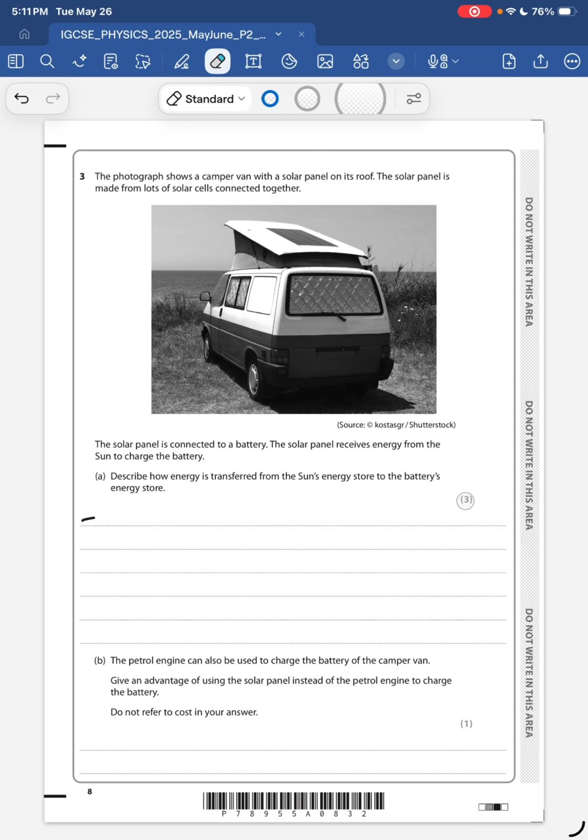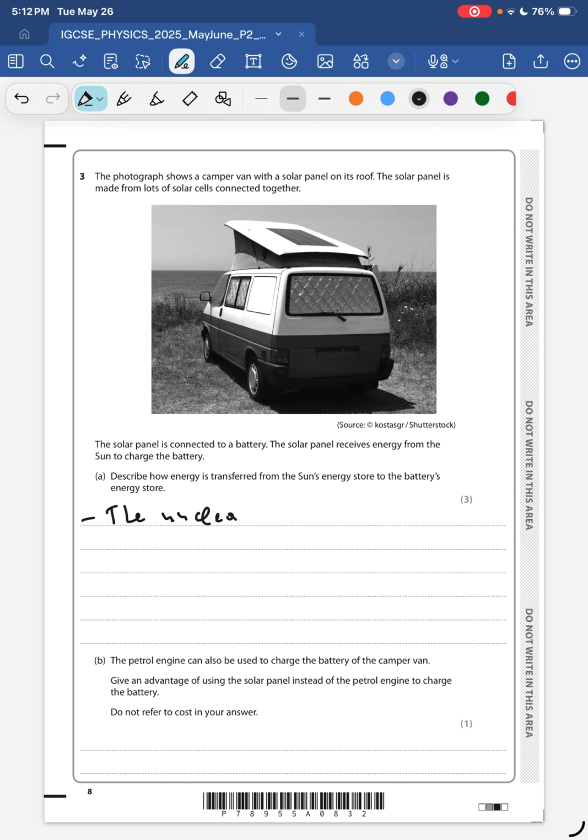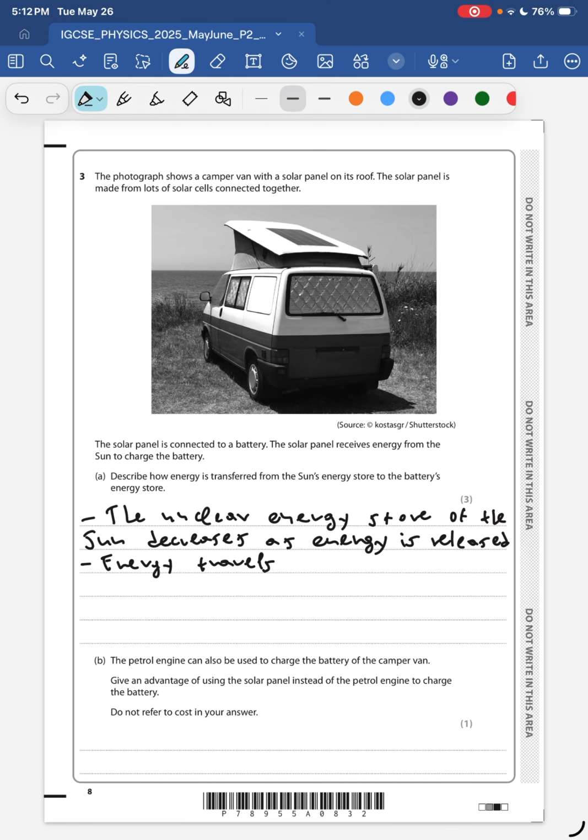Remember that kind of loose rule of thumb about problems like this. The sun produces energy using nuclear reactions, right? So the nuclear energy store of the sun decreases as energy is released. Energy travels from the sun to the solar panel by radiation.